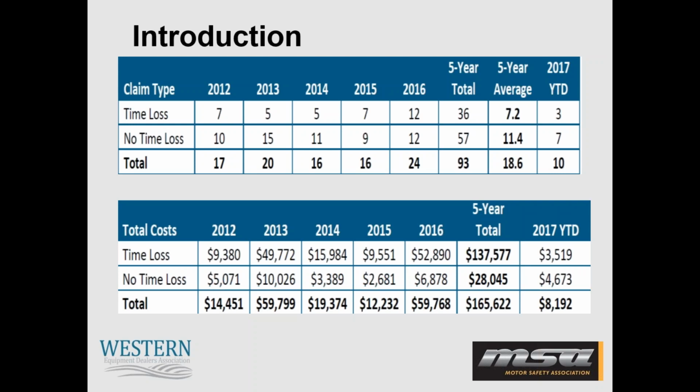Collectively, these 93 claims drove $165,622 of costs, which averaged out to just under $1,800 per claim. We thought it was quite important to give you some of this information from the WCB in an effort to help us prevent some of these types of claims from occurring again in the future.